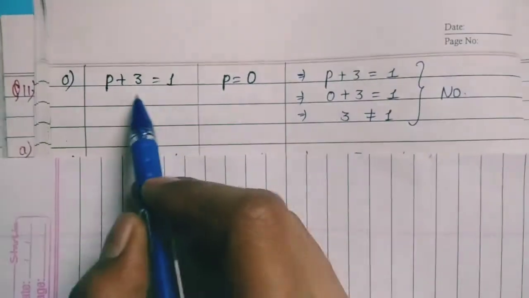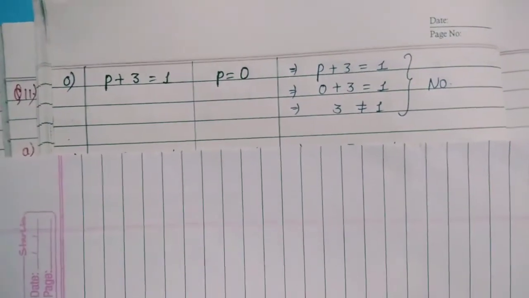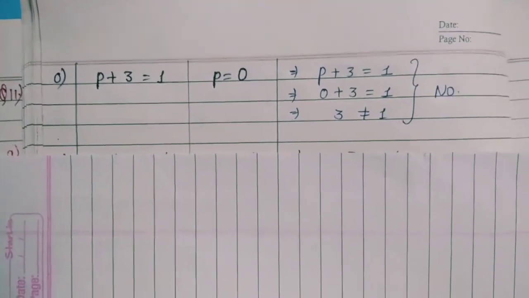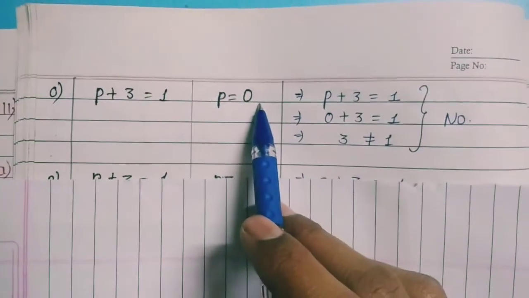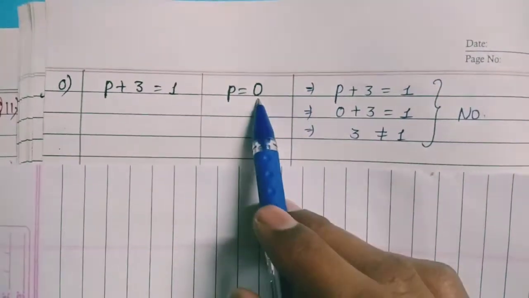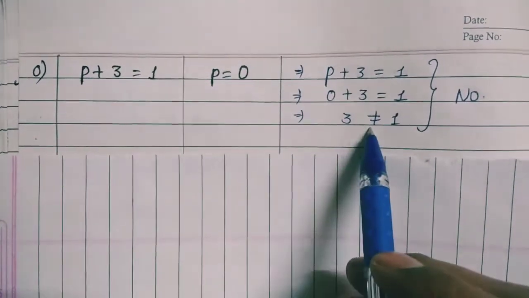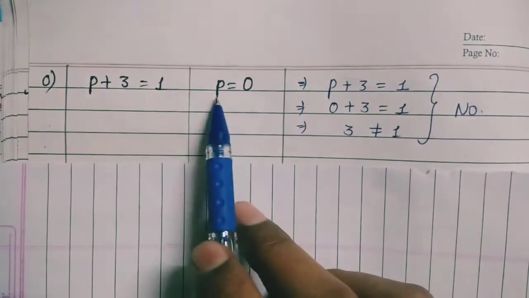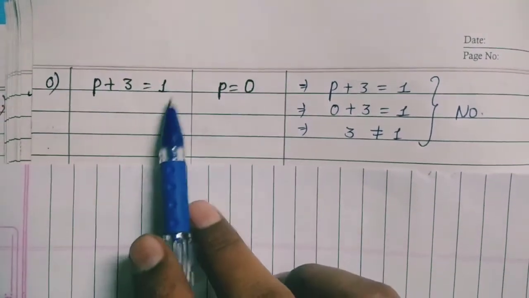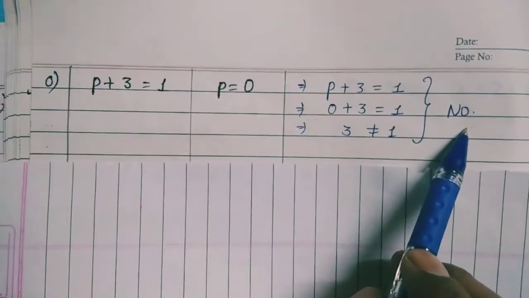O is p plus 3 is equal to 1 equation, in the equation variable value is given as p is equal to 0. So on the place of p we will put 0. 0 plus 3 is 3. So 3 is not equal to 1. It means for p is equal to 0, our equation is not satisfying.